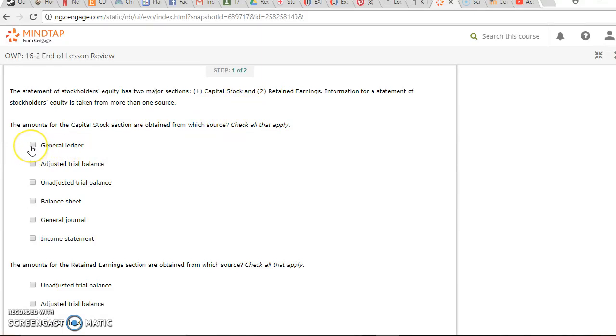So capital stock, you can get from the general ledger. You could get it from the adjusted trial balance.